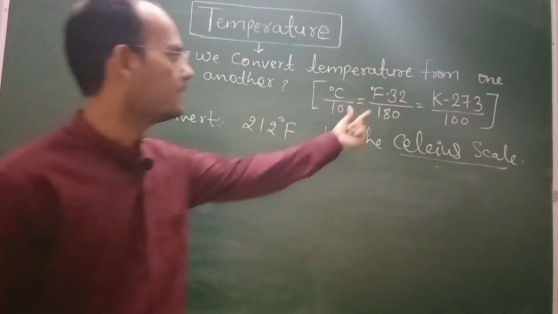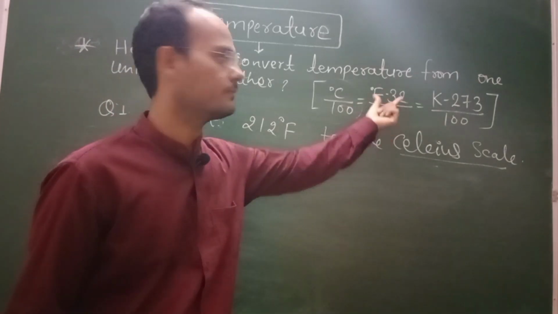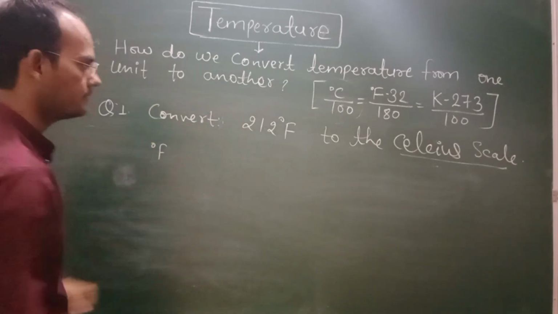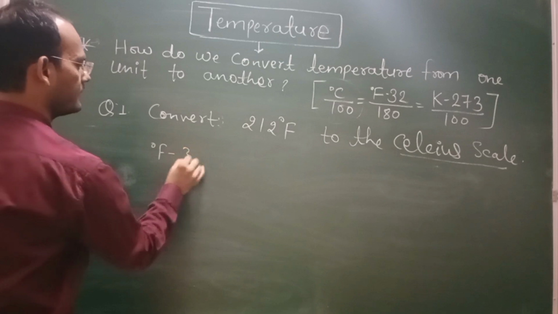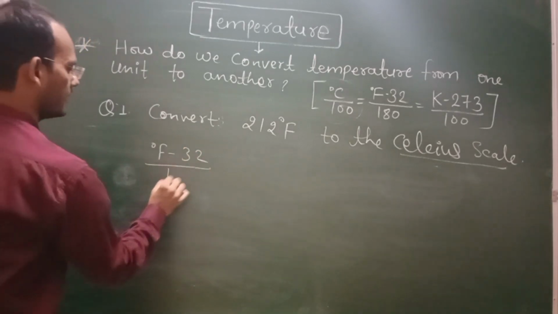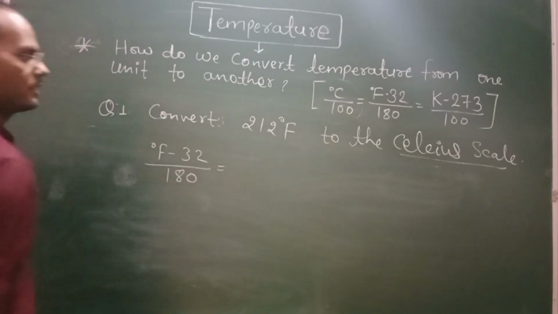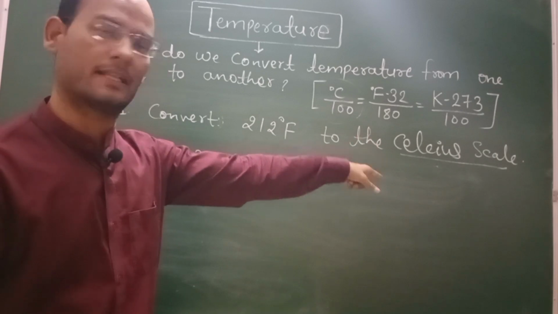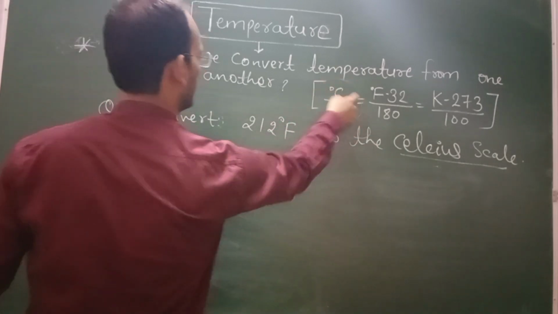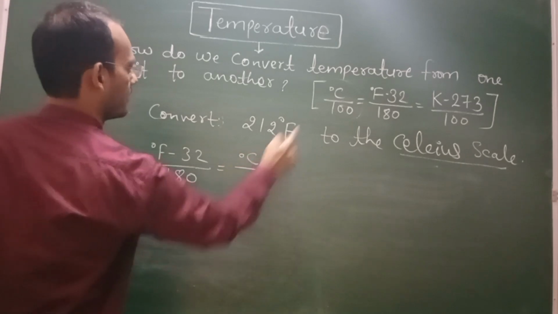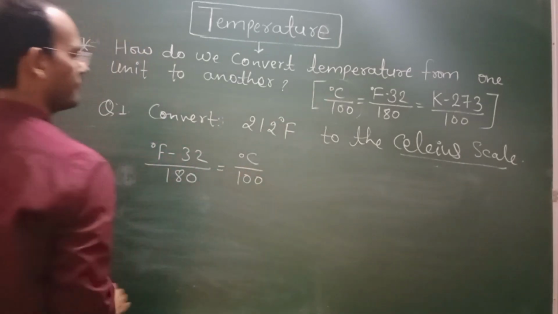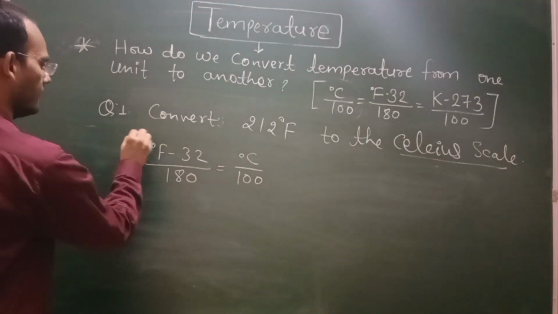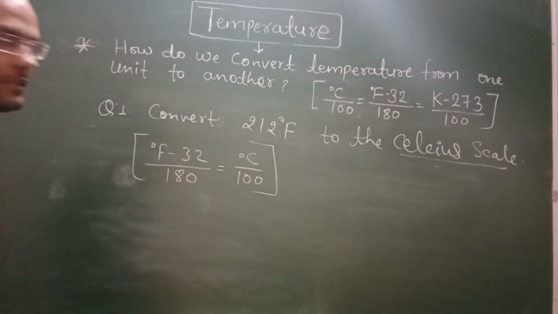So we need the degree Fahrenheit part from the relation: (degree Fahrenheit minus 32) divided by 180 equals degree Celsius divided by 100, because we have to find degree Celsius. This is the formula for this question.